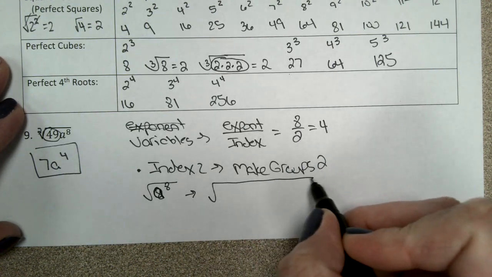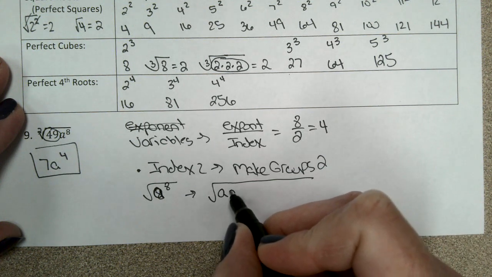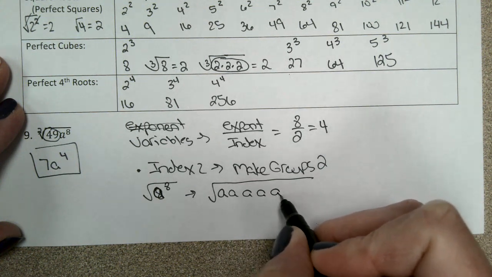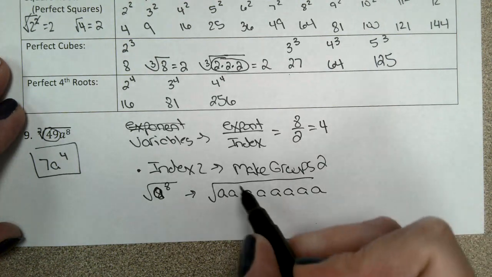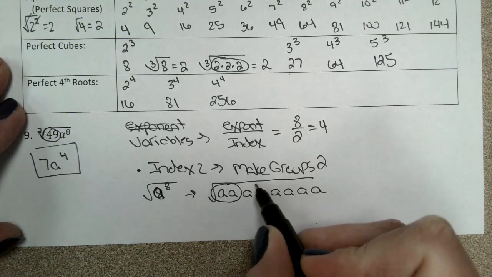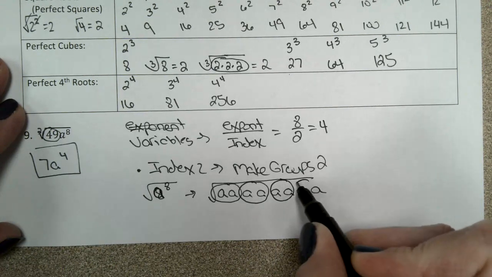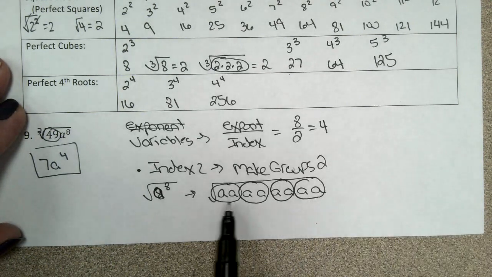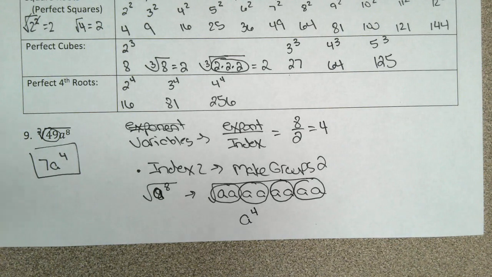So that means that I have 8 a's under the radical. 1, 2, 3, 4, 5, 6, 7, 8. All right, so how many groups of 2 can I make? I can make 4 groups of 2 with none left over. So that's how I get a to the 4th power.